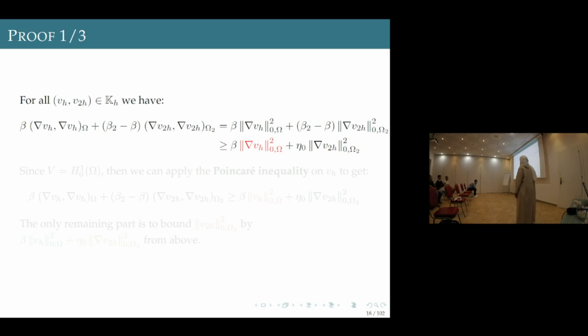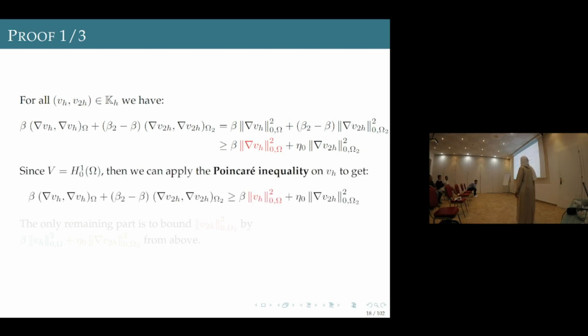Beta 2 minus beta should be strictly greater than 0, and we will bound it with an eta naught here, a positive number. Since V is in H10 of omega, I can apply the Poincare inequality for this term in here, and this is what I did. We're neglecting the fact that constants can change here. The constants, I'll keep them the same throughout this presentation, but you know, they can change from one step to another.